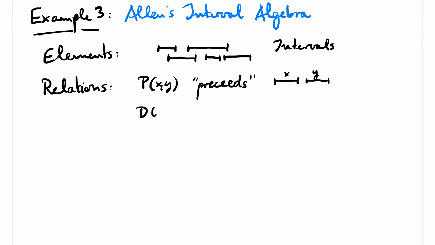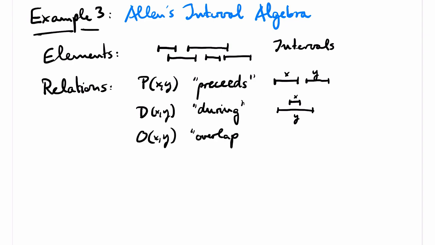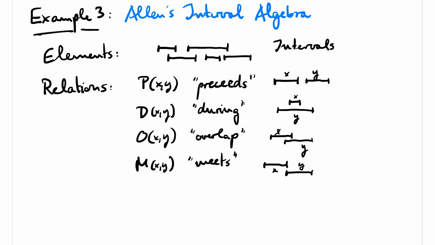We also have a binary relation D, which stands for during. D(x,y) holds if x denotes an interval that starts later and finishes earlier than an interval y. We also have relations for overlap, for meets, for starts, and a couple more relations that don't fit on the screen.